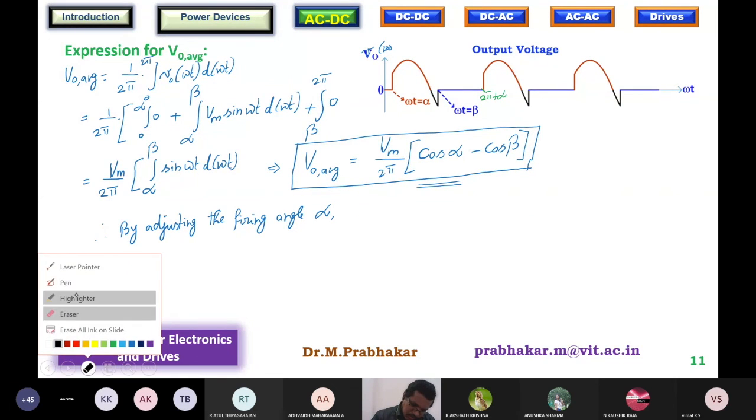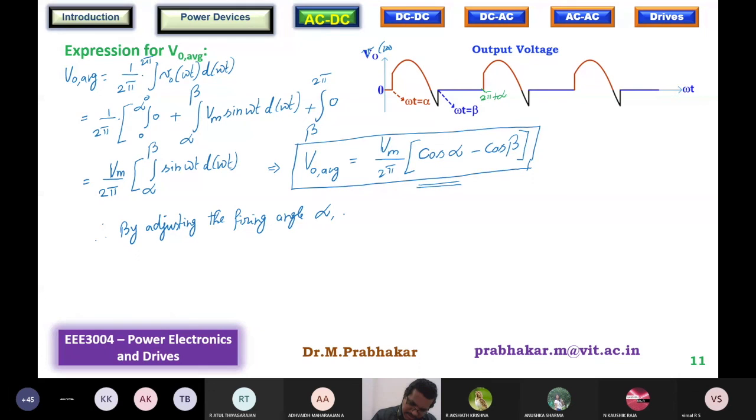That will be even more meaningful, easier. Variable DC voltage is obtained at the output. That's all. So this is the way we obtain variable DC voltage from a fixed voltage, fixed frequency AC input.